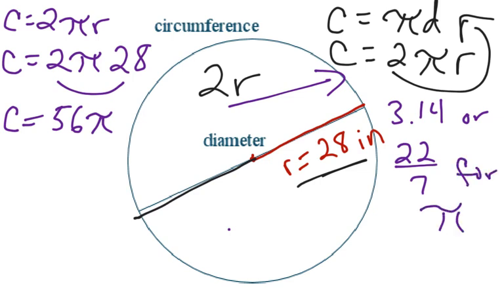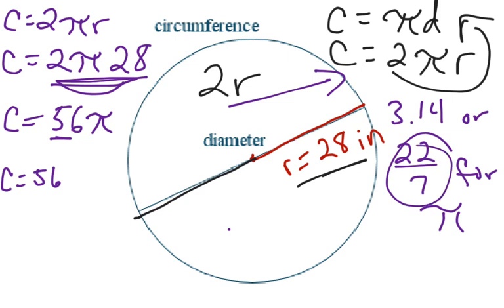In this case, because we have 28, which is 56, we can plug in 22/7. I chose 22/7, of course, because when I multiply them together, I have fractions that can cross-cancel.